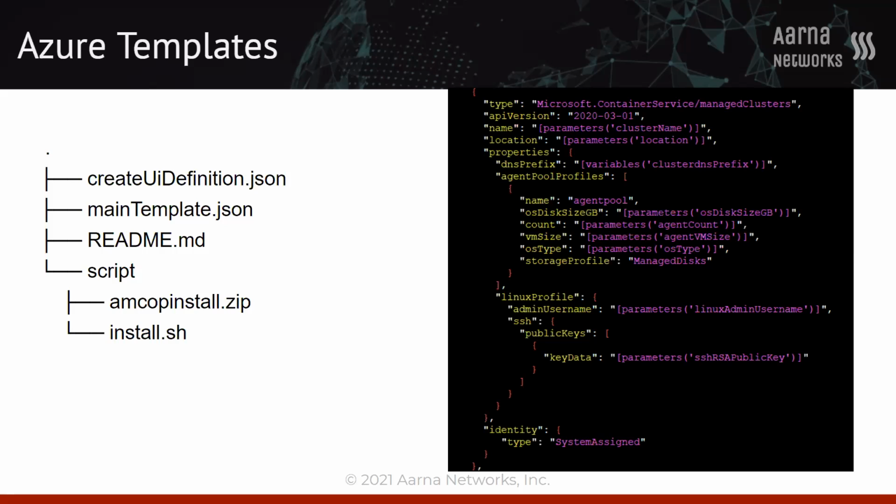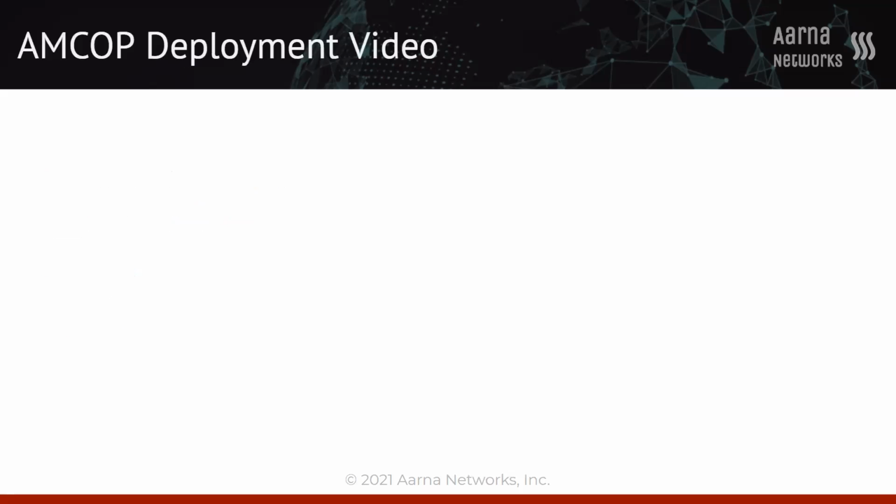This is just a high level overview of how Azure templates look and what we did in this exercise. Next I will go to the AMCOP deployment video. Let me stop the screen here and start the video.